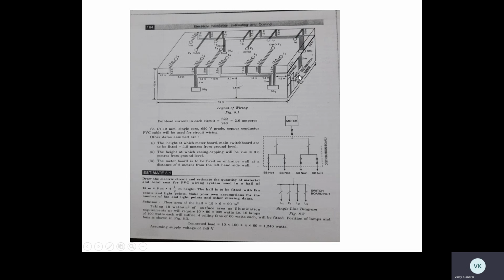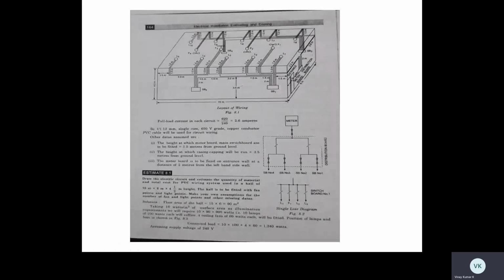So the length of cable required for SB1 is from the distribution board, 2 meters vertical, 2.2 meters horizontal, again 1.5 meters distance between the wall and the switchboards, and 2 meters downfall. See here, 2, 2.2, 1.5, 2, totally 7.7 meters.